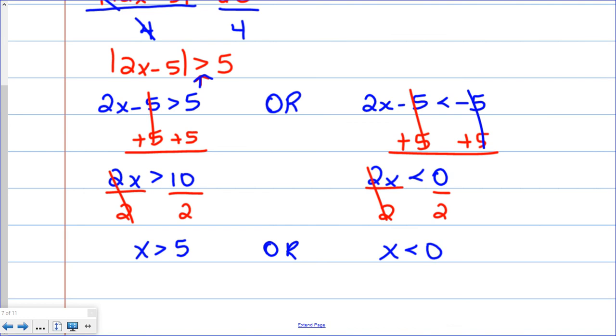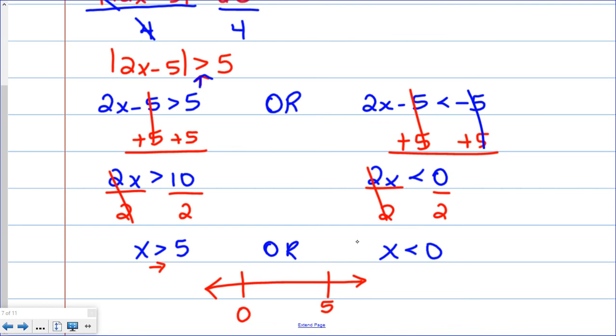So now go ahead and graph that. Draw your number line. The smallest number goes on the left, which is going to be our 0. The largest number goes on the right, which is our 5. So then if we go back up here and look at the 5, it says x is greater than 5, greater than shades to the right.